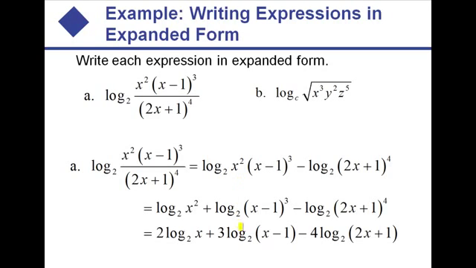Please don't think that you can split this up. A lot of students go, oh, well, hey, look, it's a difference. That becomes a quotient. No, it's the other way, right? A log of a quotient becomes a difference of logs. Log of a difference does not become a quotient of logs, right? It doesn't work in reverse. You've got to remind yourself of what that rule is. The rule is if you have log of a quotient, a fraction, then you can have a difference of those two logs.